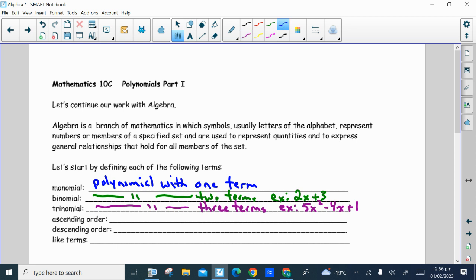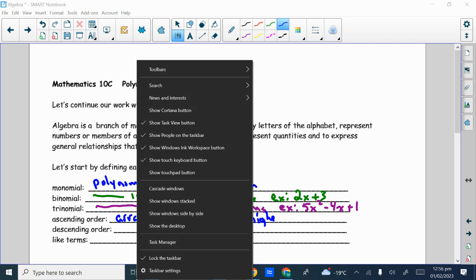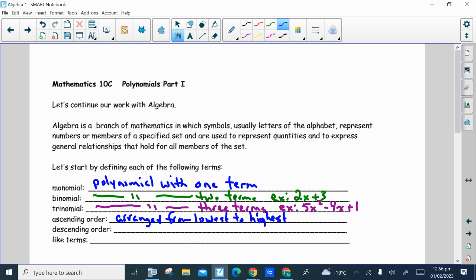Ascending order is when things are arranged from lowest to highest. Whereas descending order is arranged highest to lowest.